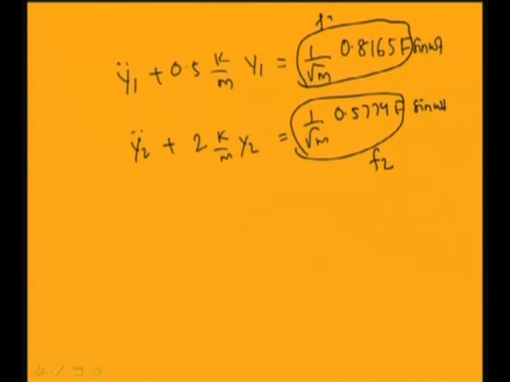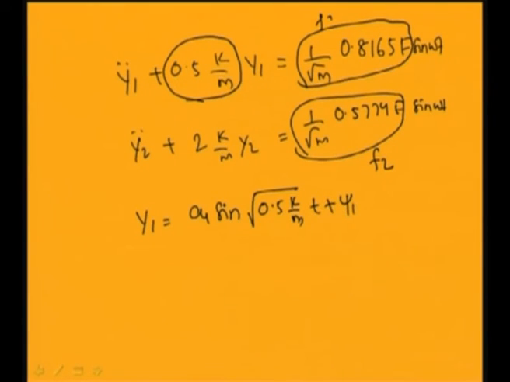So for this first equation, the solution becomes y1 equal to the complementary part, a1 sin omega n t, where omega n squared is 0.5 k by m, so omega n is root over 0.5 k by m, t plus psi 1.